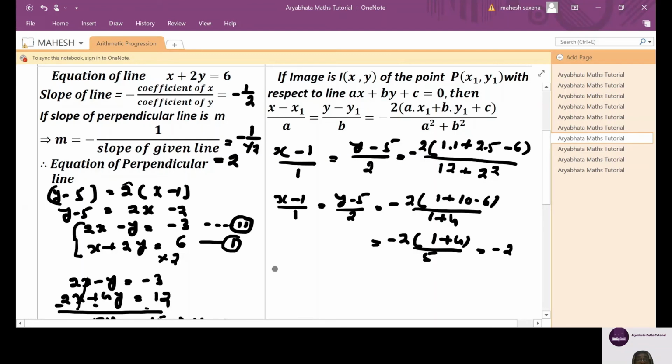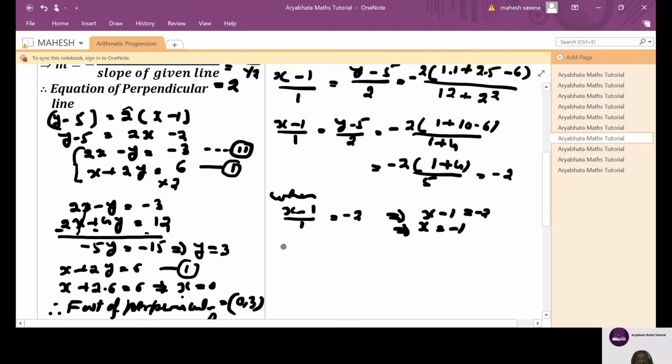Now when x minus 1 upon 1 is equal to minus 2, it implies that x is equal to minus 1.